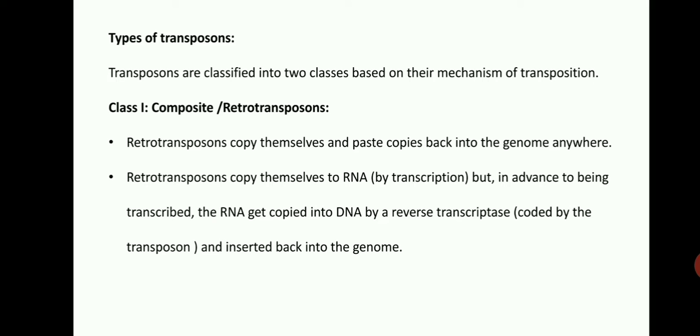You need to know all these things about retrotransposons. Again, these retrotransposons copy themselves to RNA and then back to DNA that may integrate back into the genome. This is the key mechanism of copy and paste of retrotransposons. The second step, forming DNA, may be carried out by the reverse transcriptase, which the retrotransposon encodes.